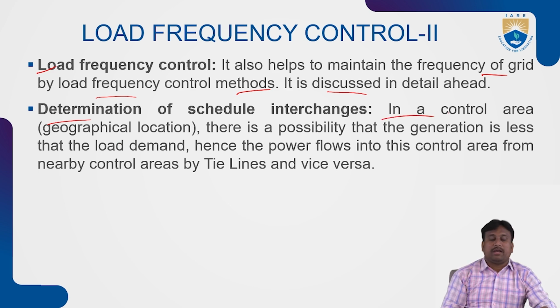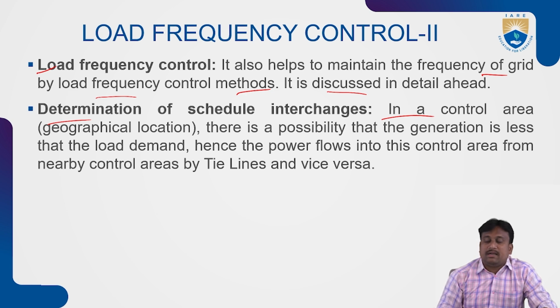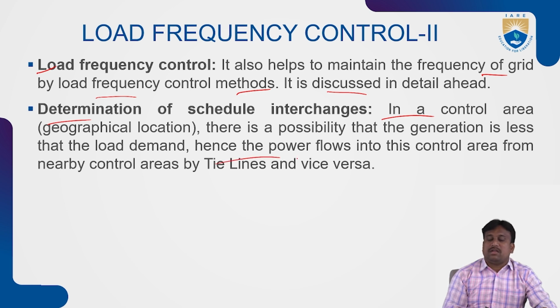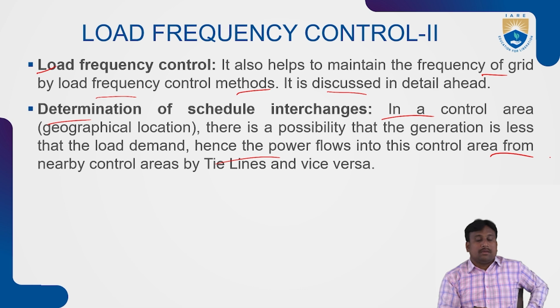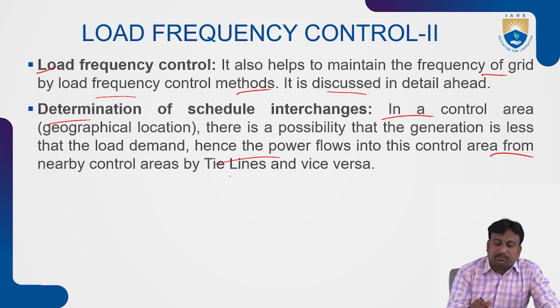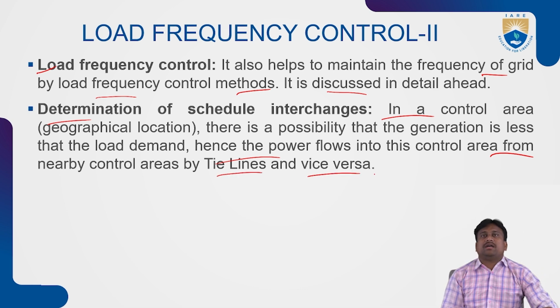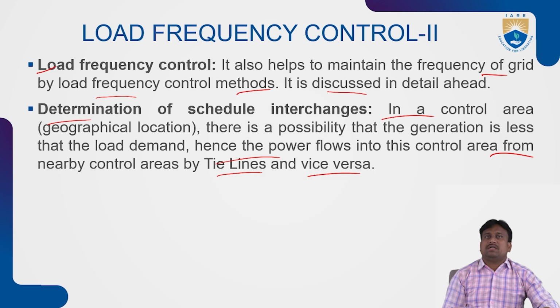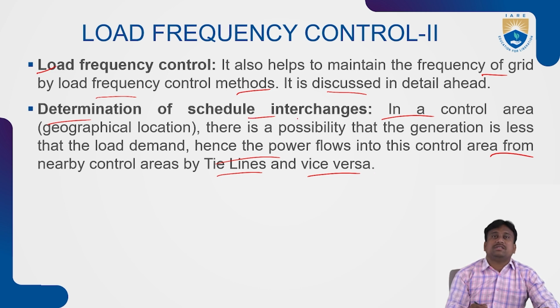That means in a control area for a given geographical location, there is a possibility that generation is less than the load demand. Hence the power flows into the control area from the nearby control areas by tie lines, and from that, input sections are considered to make the schedule interchanges.